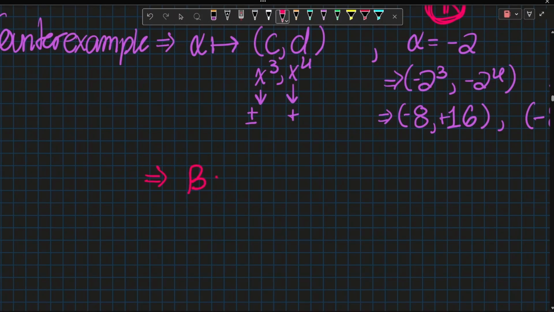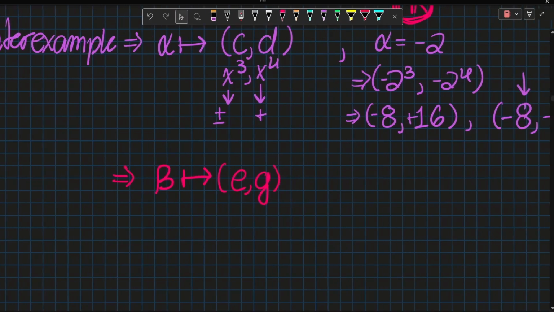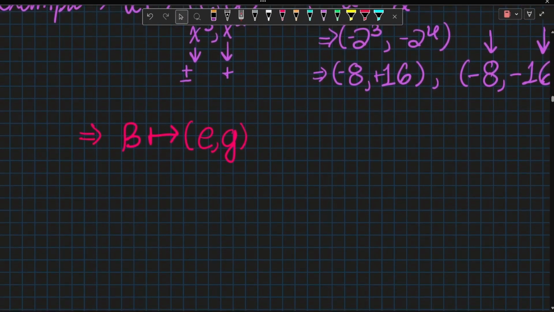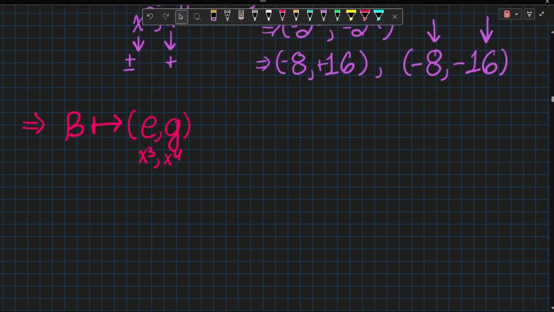This time we're looking at beta, and this beta must map to the pair EG. Again, this is given by x cubed, comma x to the 4. What does this mean for us? Well, again, we know that x cubed gives positive and negative numbers, and x to the 4 gives us only positive numbers.